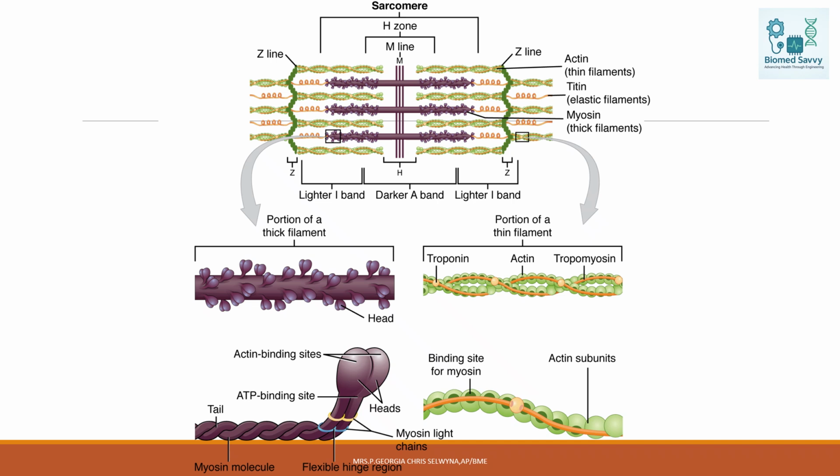When you zoom in on a thin filament, that is the actin molecule, it has troponin and tropomyosin. The series of green beads shows the binding sites for myosin on the actin subunits.